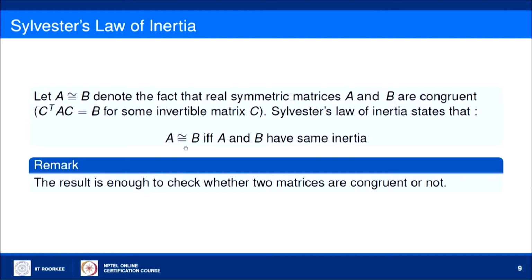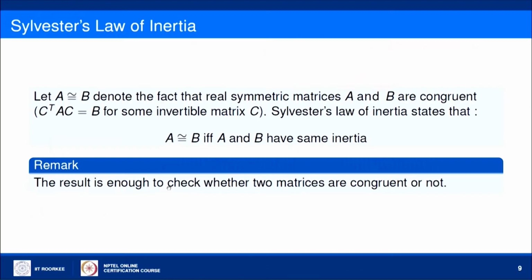That means A and B are congruent to each other, you can always find a non-singular matrix C such that C transpose A C equals B, if and only if the numbers of positive, negative and zero eigenvalues of A and B are the same. So, this result is enough to check whether two matrices are congruent or not.